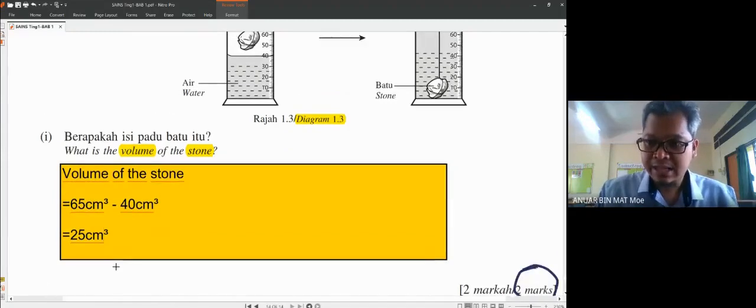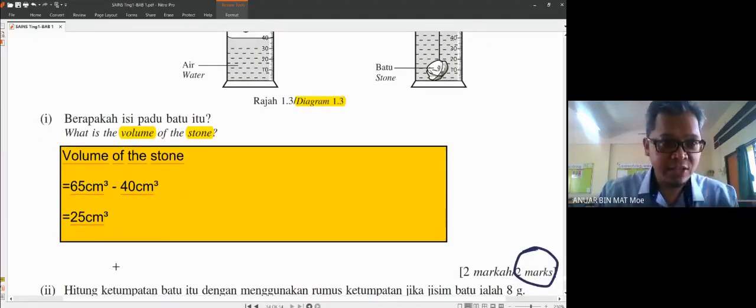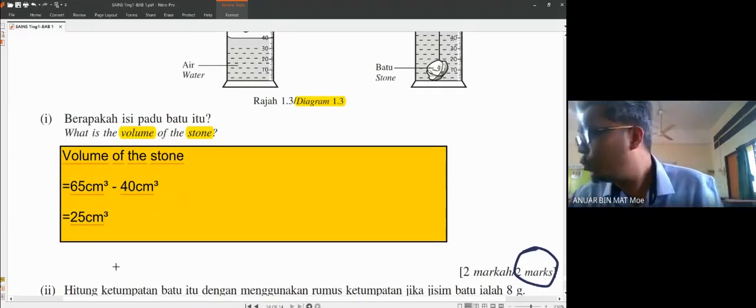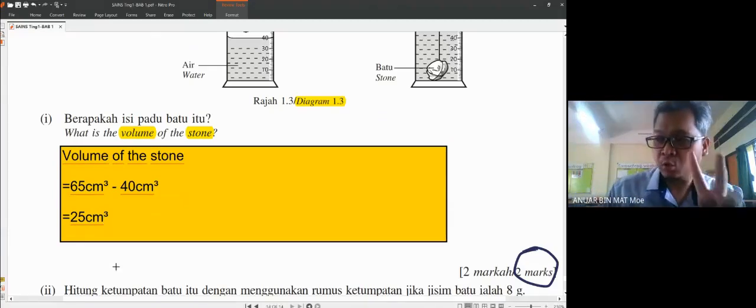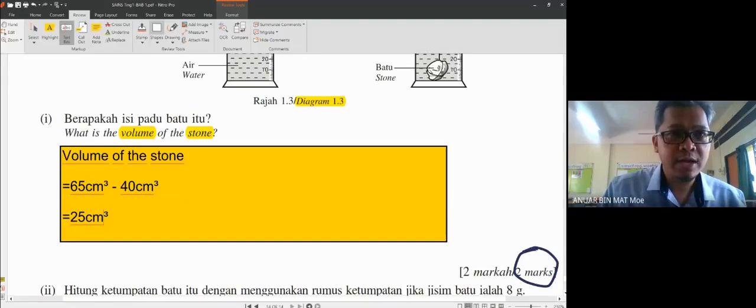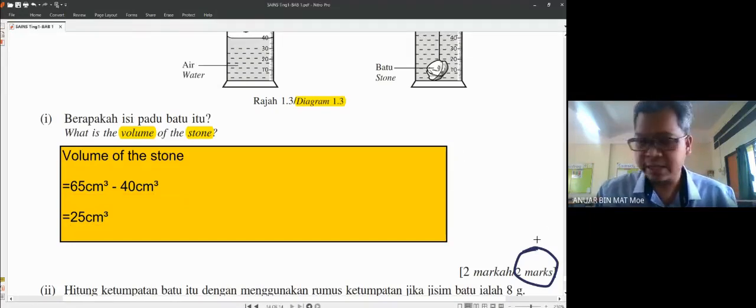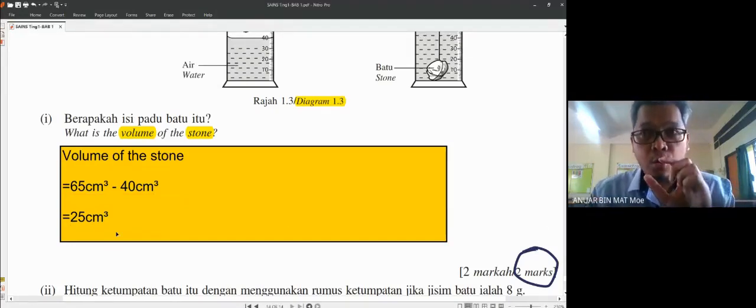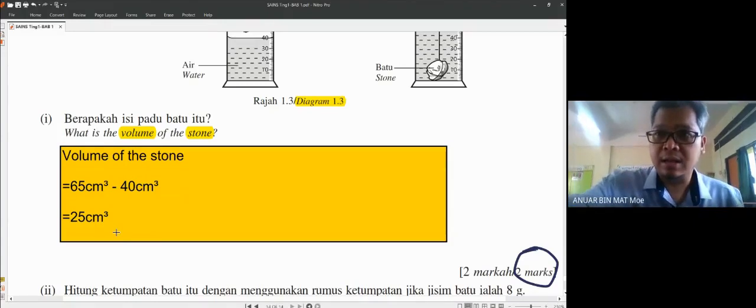So let's see again, because the first question, question 2C1, carries how many marks? If you look at the mark section here, 2 marks. So where is the mark coming from?